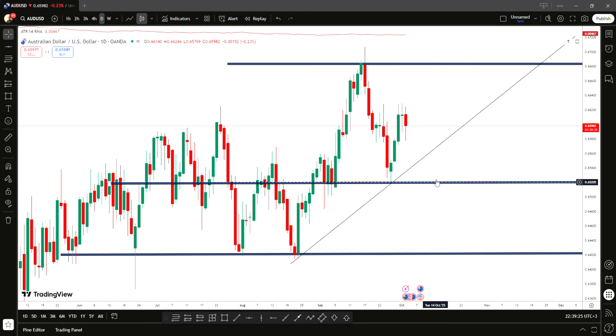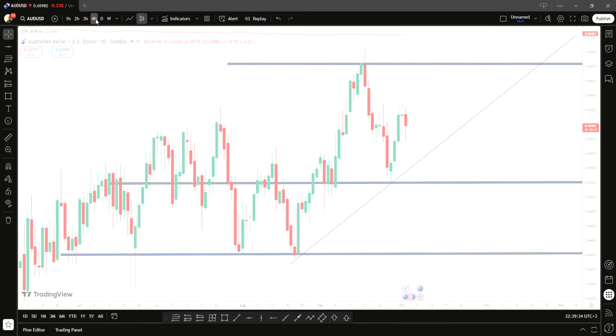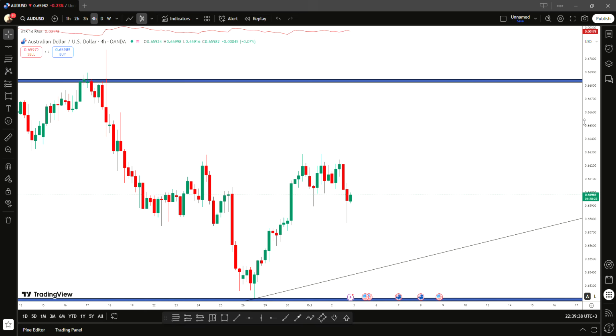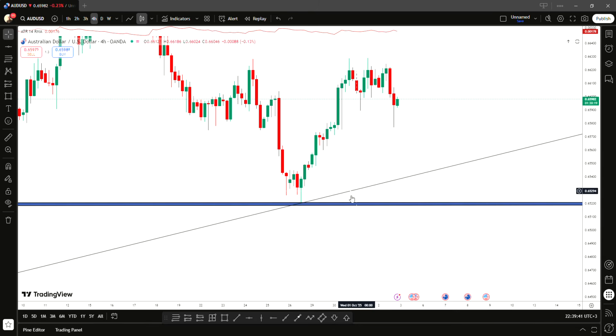However, we have people who are so conservative and people who also trade on the lower time frames. What do you do? You drop down to your lower time frames like 4 hour, 3 hour, 2 hour, and 1 hour, and look for demand zones. Let me see, this is Friday. So this is one demand zone because this is where Friday closed.